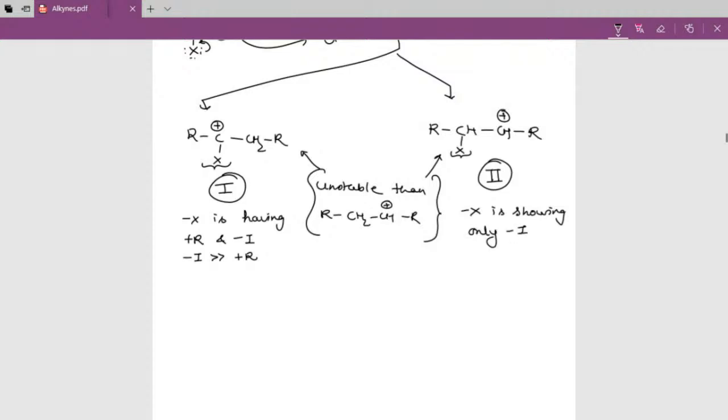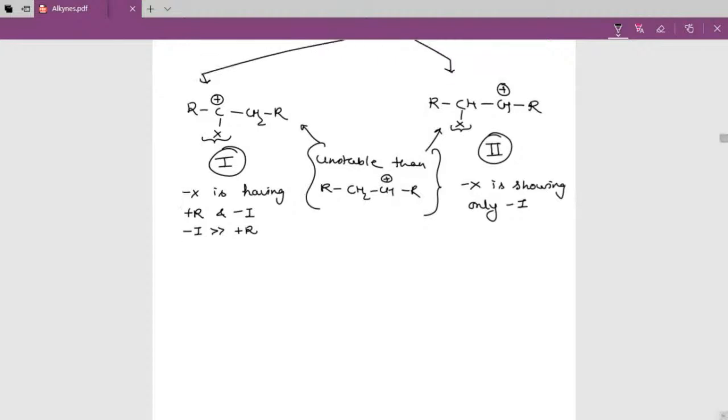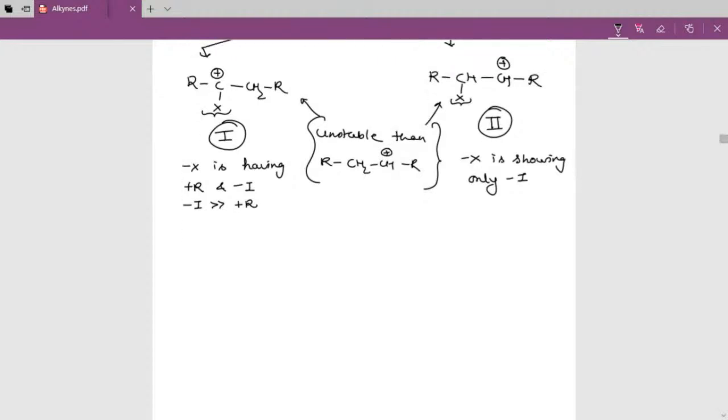But yes, as the distance is increased, definitely the effect of its minus I is decreased. So again, you might conclude that 1 should be more unstable than the second one. Why are we preferring 1? Let me give you some random numerical assumptions to help you understand.